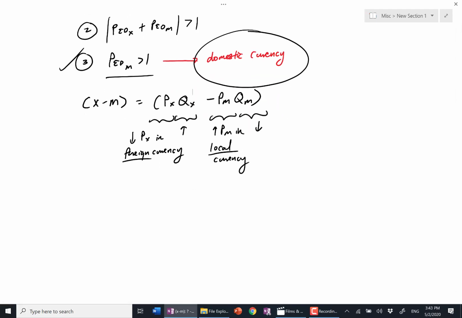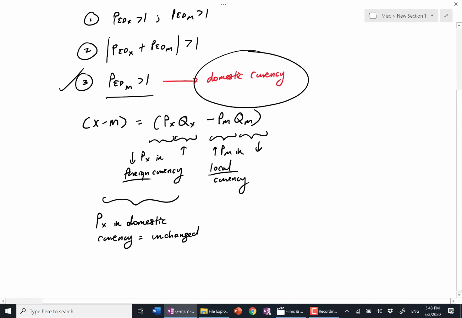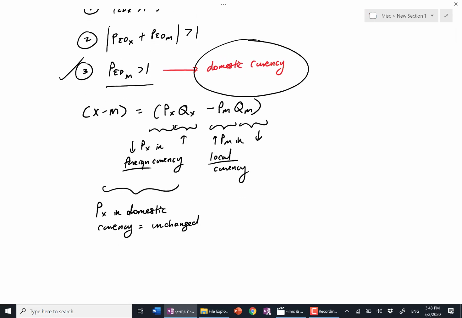When you consider everything in terms of domestic currency, something happens here. People are buying more of your exports, but truly the price of your exports in domestic currency has not changed. If my exchange rate weakens, our goods will be cheaper in foreign currency, but in terms of our own currency, the price has not changed, yet people are buying more.